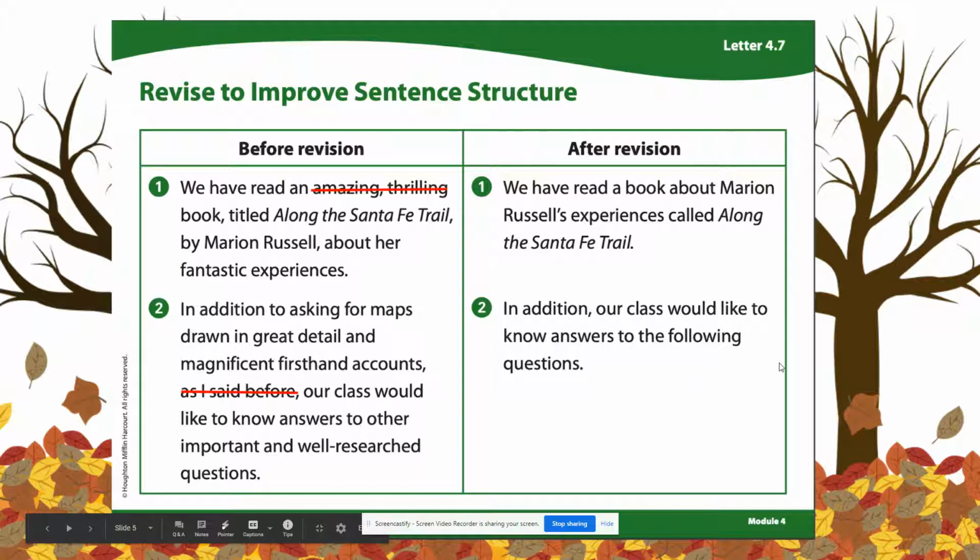So whenever we revise and we remove some unnecessary details, we minimize the sentence, but we also get to the point. In addition, our class would like to know answers to the following questions. That seems precise and to the point. Do not forget that when you're revising, you can remove extra ideas and unnecessary details.